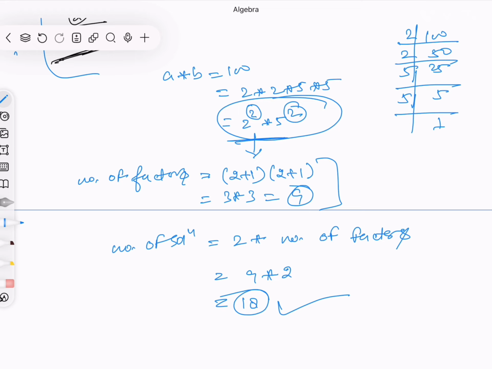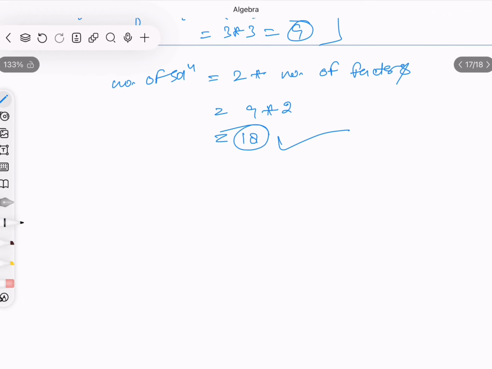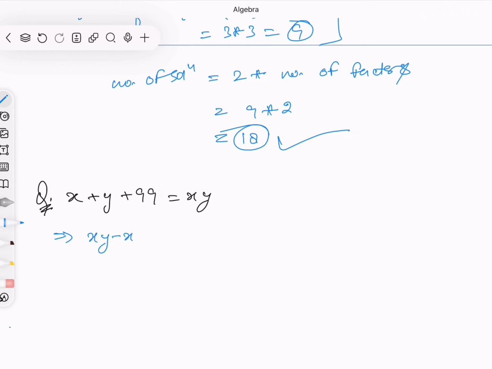Let's see one more question. Let's say you have x plus y plus 99 equals xy. So xy minus x minus y minus 99 equals 0. Let's take x common.